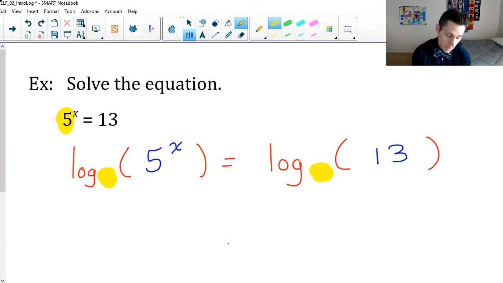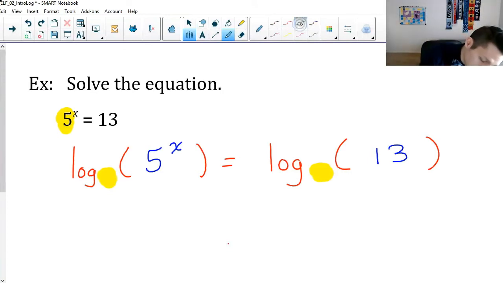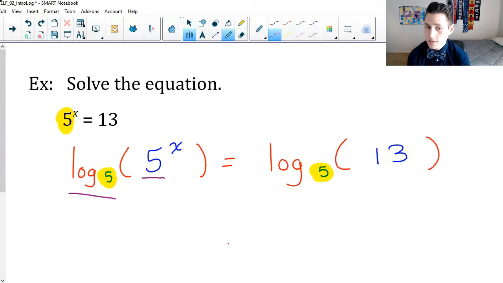So in this case, the exponential's base, there we go, that's the words I want, is 5. So I'm going to use base 5 for these as well. So the reason that I do that is because I now have a logarithm base 5 and an exponential base 5.